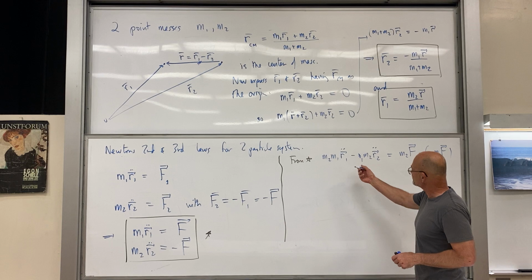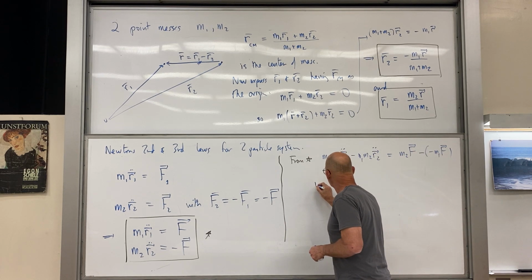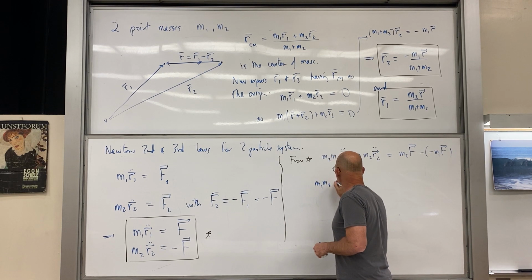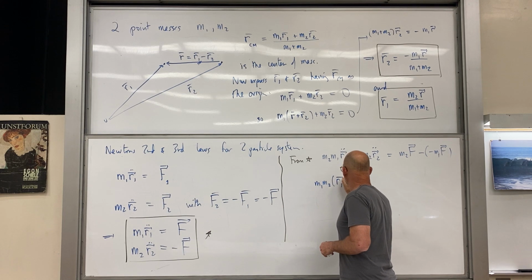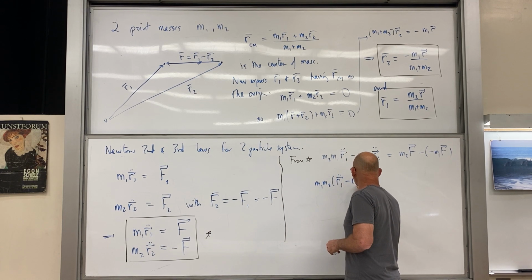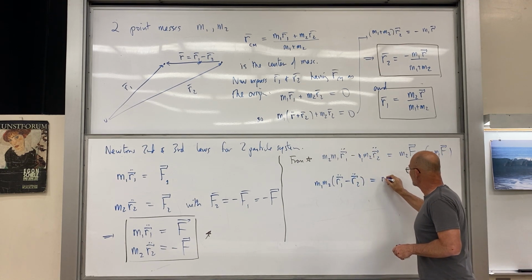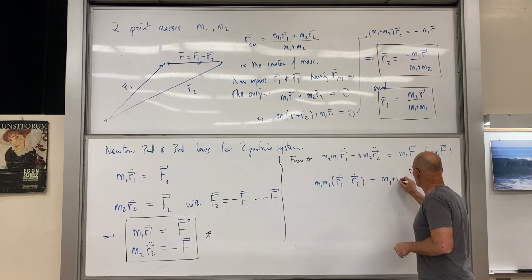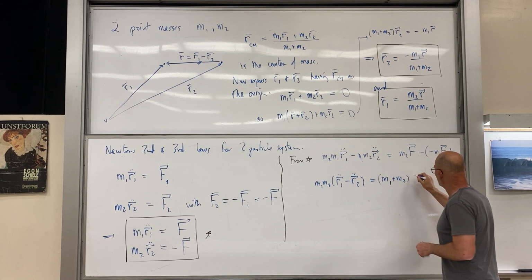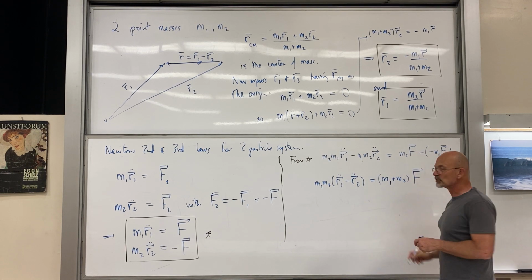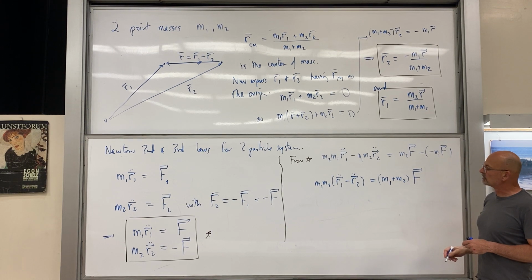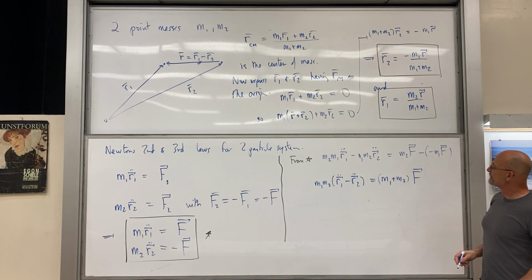What we get is m1 m2 times r1 second derivative minus r2 second derivative is equal to m1 plus m2 times this central force F between the two masses.